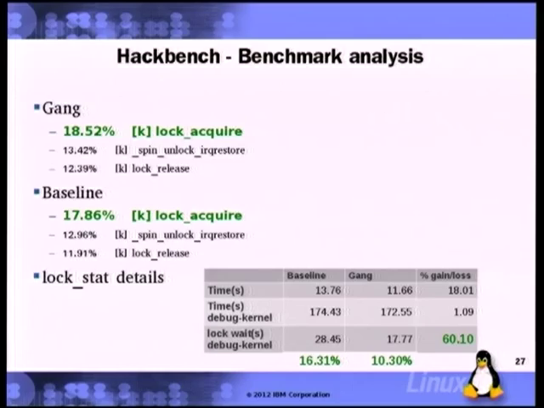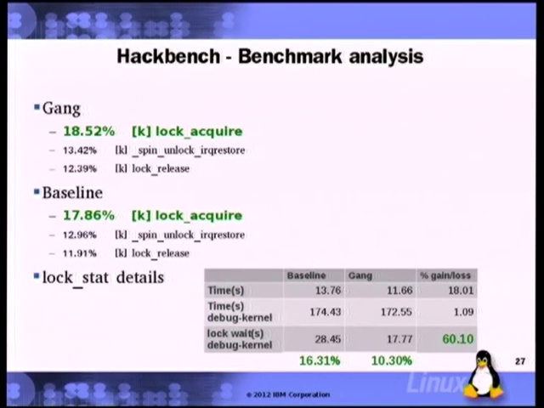Next one is Hackbench. With Hackbench, the numbers from the performance counters almost looked the same. Lock acquire, if you see both of them, were plus or minus 1, which does not give us much clue about the reason for the gain, because in the table below we saw around 18% gain, but the performance counters didn't give much detail.